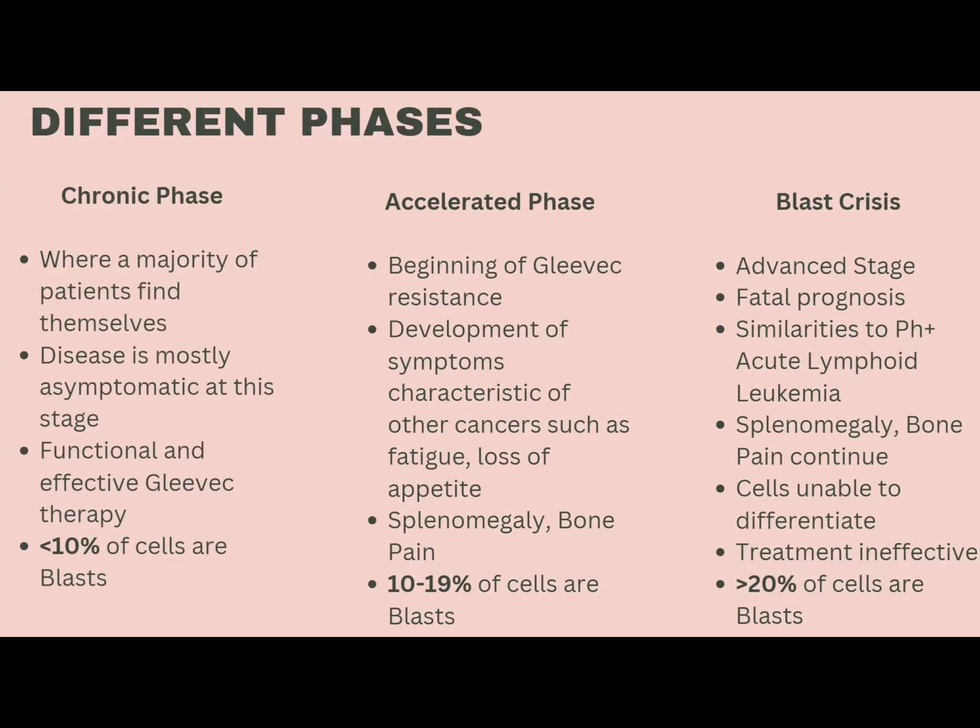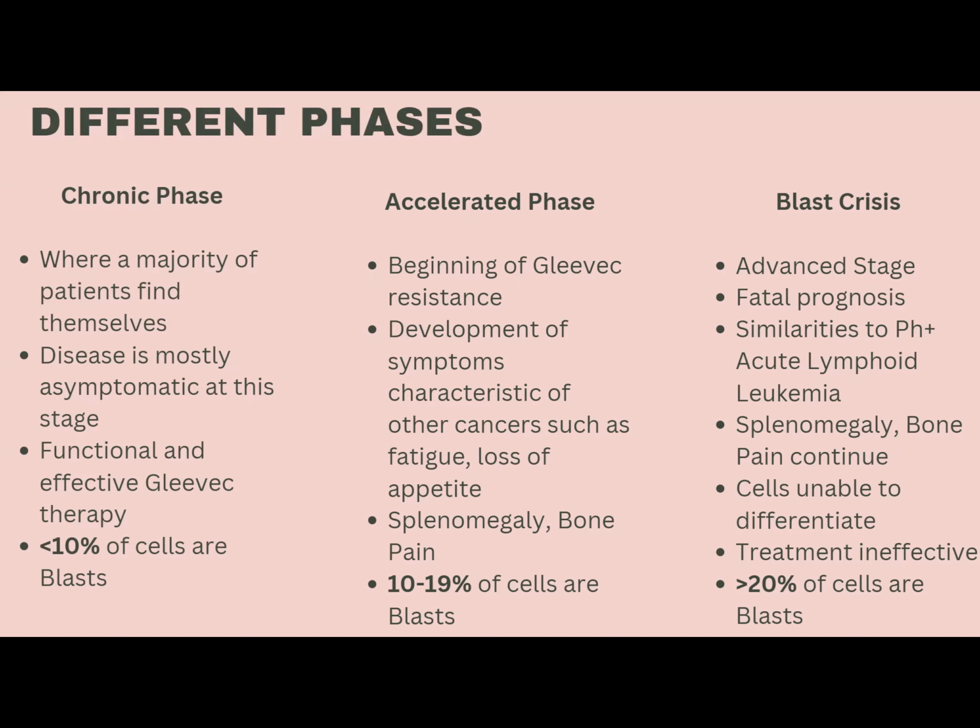And some more specific symptoms that we will cover in later reviews are splenomegaly, which is enlarged spleens, and bone pain. There's a very specific reason for those two things, so keep an eye out for those and write them down. Here, 10 to 19% of these cells are blasts, so you more than double the amount of blasts.